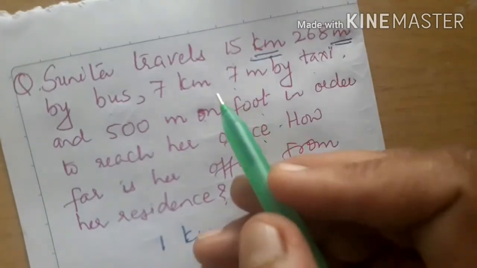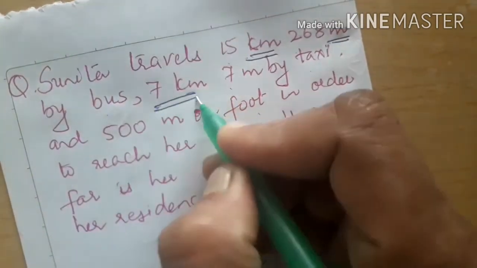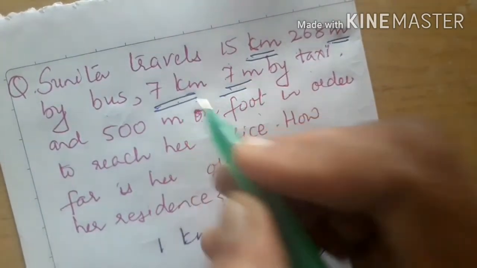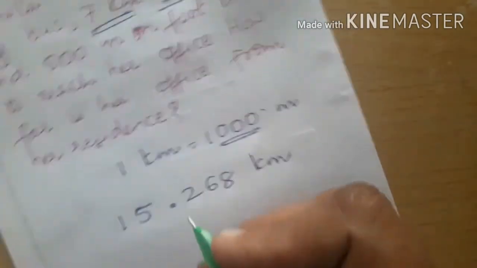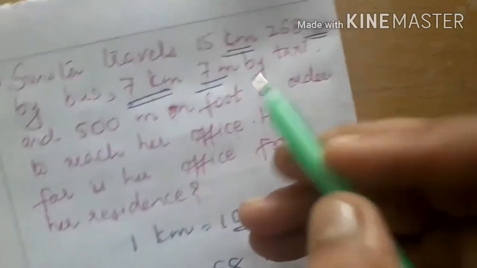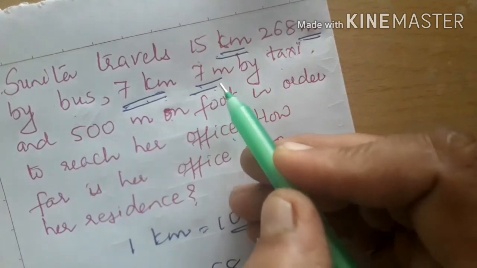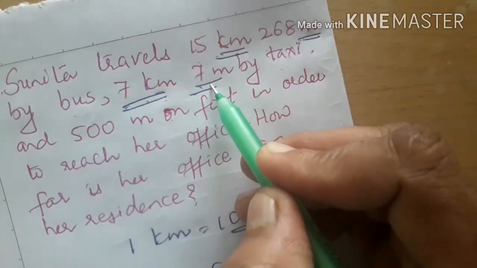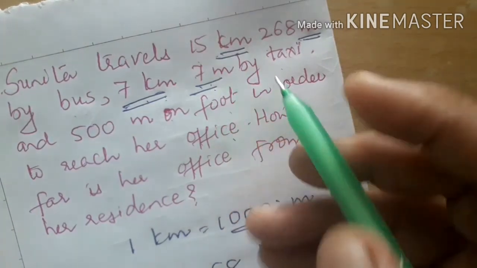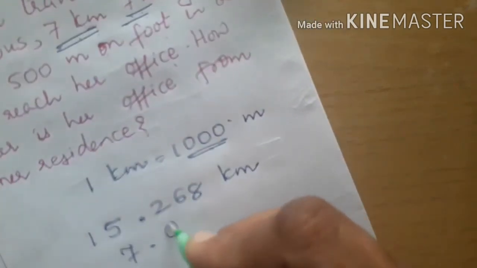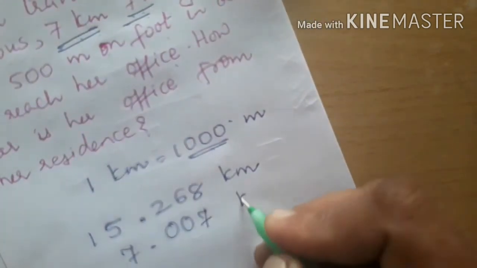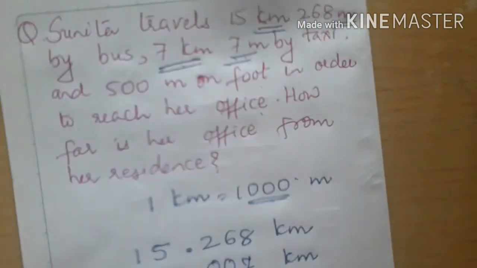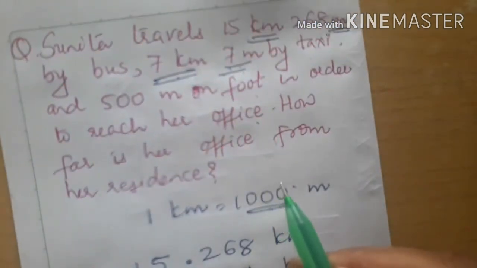Then the second turn is for 7 kilometers 7 meter. So 7 kilometer obviously before decimal point, that is 7 point, and this is 7 meter. So how to write 7 in 3 decimal places? That is I can write it as 007, and the bigger unit is kilometer. Don't write it 700, otherwise it will be 700 meters.